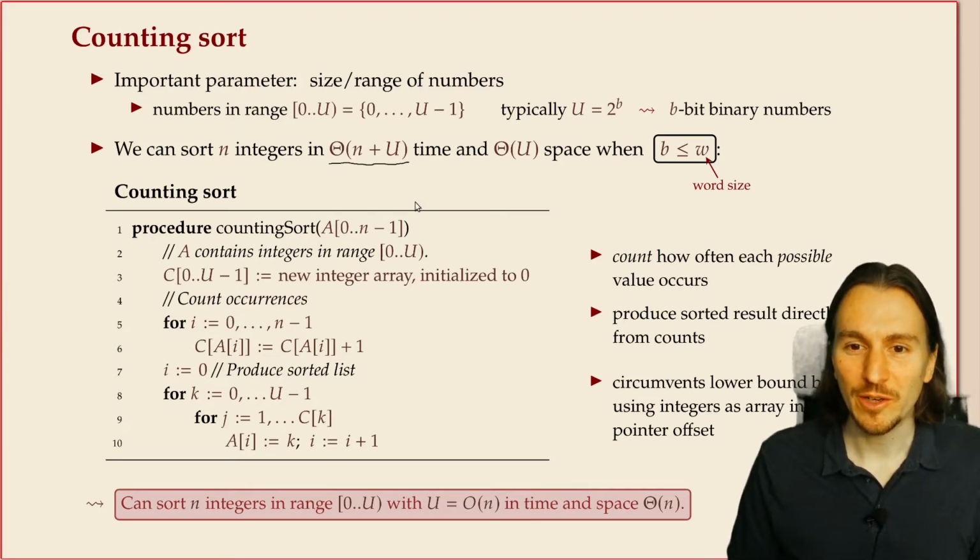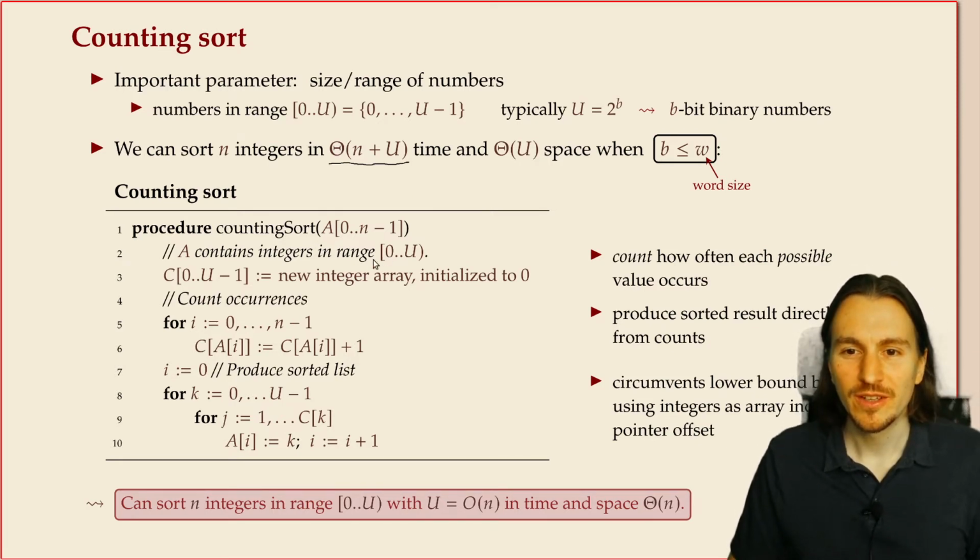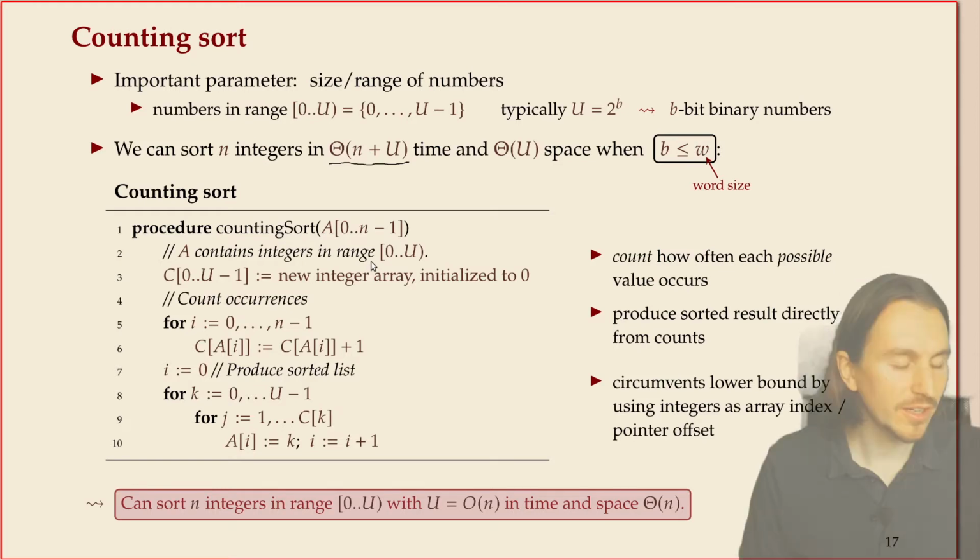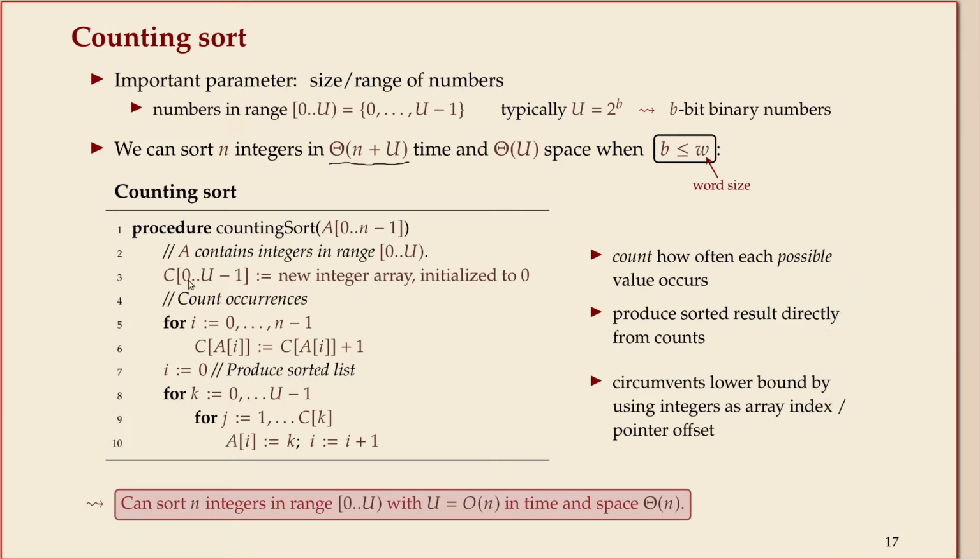But how does counting sort work now? It's a very simple algorithm. You get the array of numbers. These are in this range. And what you do is you take a new array that has indices from 0 up to u, so essentially the entire range of your numbers. And that's the counter array. You initialize that to 0, and then you go through your input and increment the counter at the position of this element.